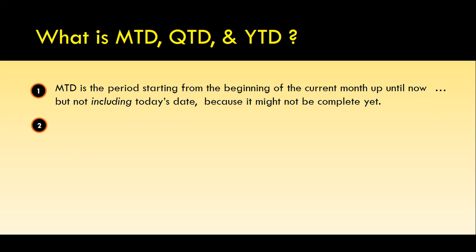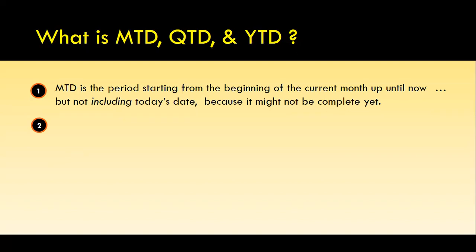But there are some cases where month to date means starting from the first of this month but not including today's date. Nowadays businesses are operating across the globe 24 by 7 by 365 days across time zones.